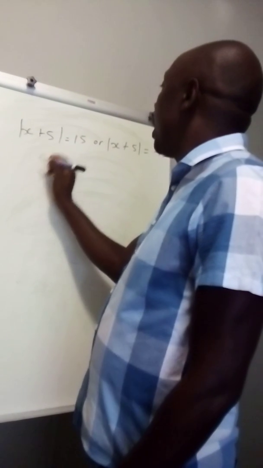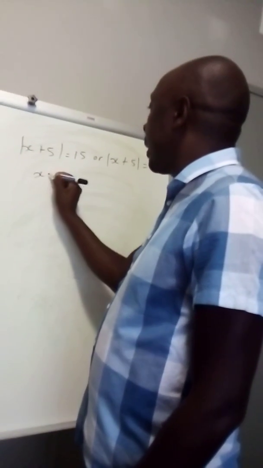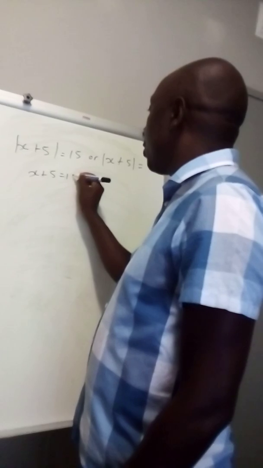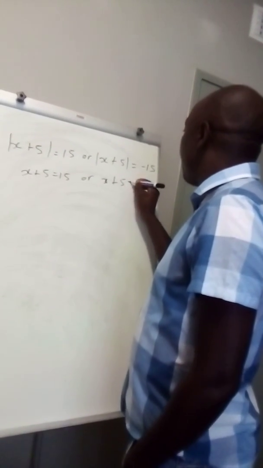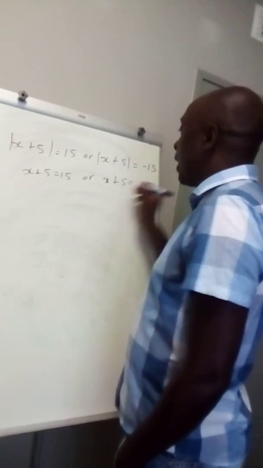So let's start. We are saying x plus 5 is equal to 15, or x plus 5 is equal to -15.